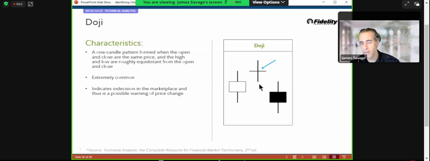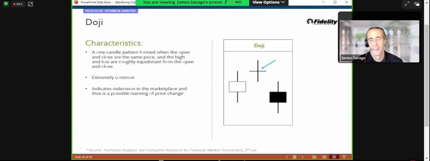And dojis are oftentimes used primarily to signal that indecision in the marketplace, but from a secondary perspective, could be the beginning of a reversal in trend, right? Indecision could signify that they're not sure that they want to continue that trend, hence the reversal the following day. Think of what a dragonfly is with that long tail.